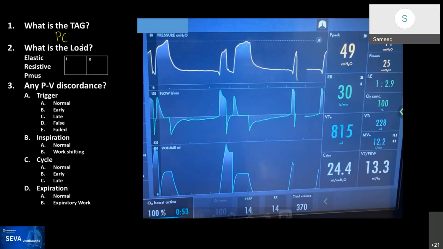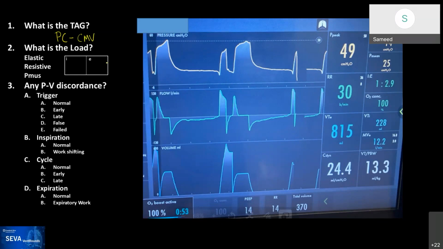I don't see any color change, or correct me if I'm wrong, so all of these breaths appear to be machine triggered and machine cycled. There is color change here, and you also have a drop. At least on my screen, it doesn't appear to be so. Yeah, but I would say they're still cycled by the machine, so they're mandatory breaths. So CMV would be it.